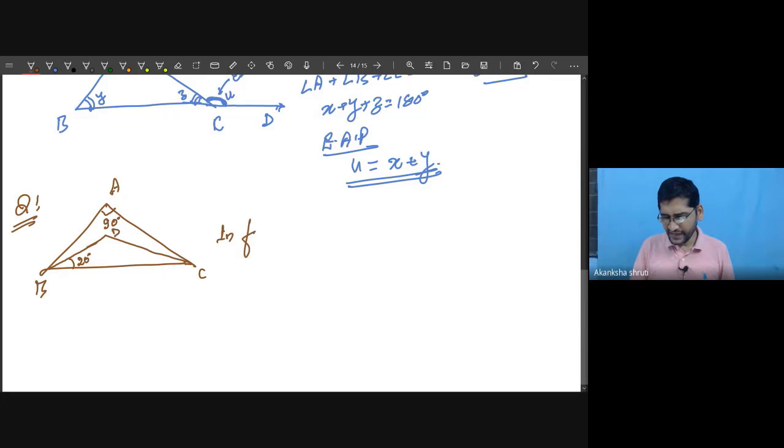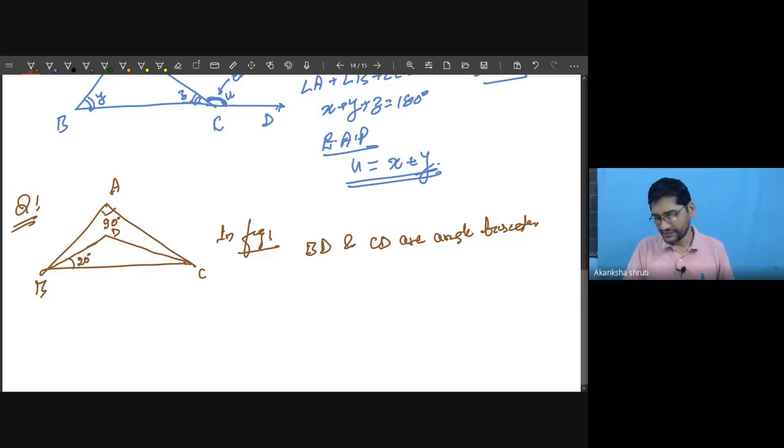So in the figure, BD and CD are angle bisectors. You have to find angle B. Angle B means what, student? The entire bigger angle. This one. This is angle B. Okay?